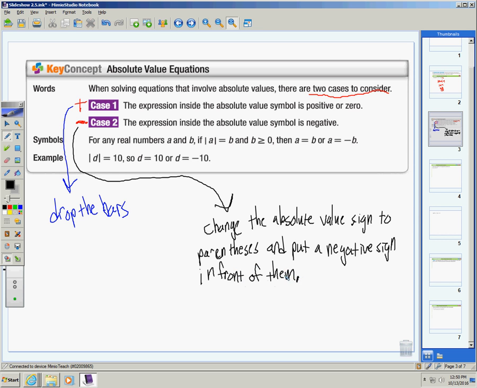So case one is easy to do. Case two, we just change the absolute value sign to parentheses, and then we put a negative sign in front of them. I will show you what that means in our next example.